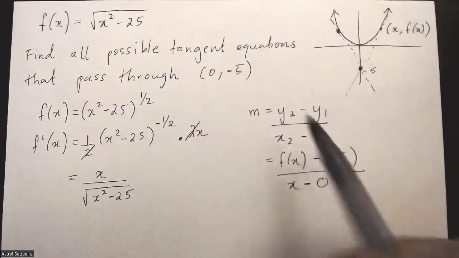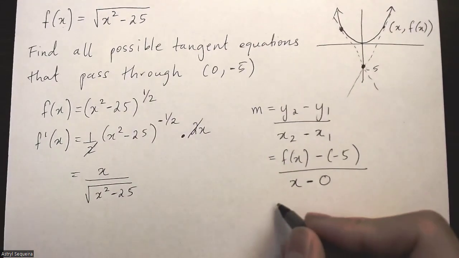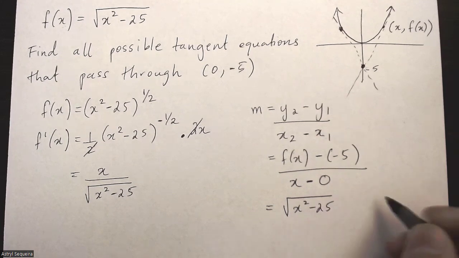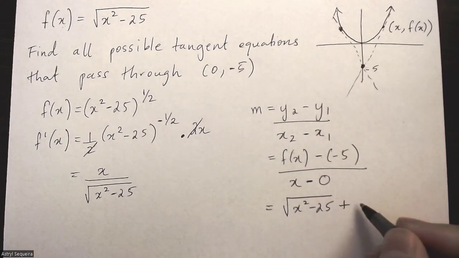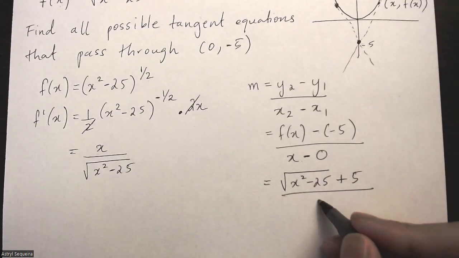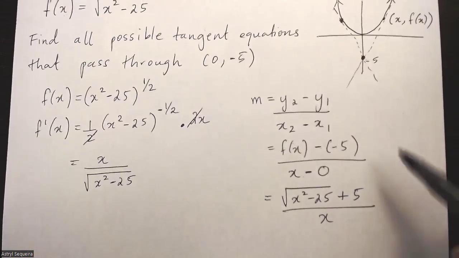So I know that f of x is just the original equation, which is the square root of x squared minus 25. Negative and negative will make a positive, so plus 5. And then x minus 0 is just x.